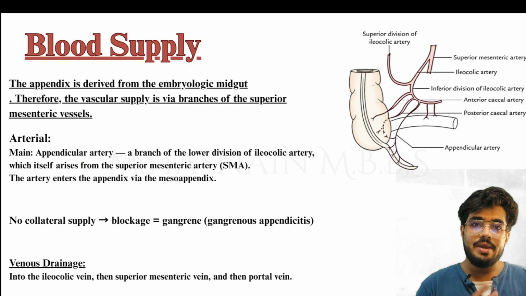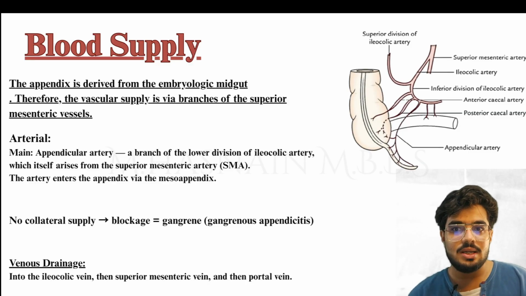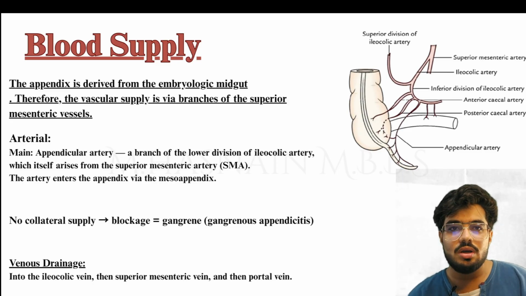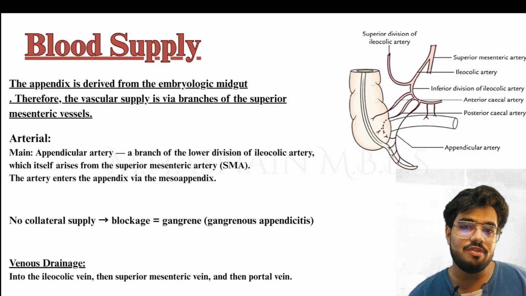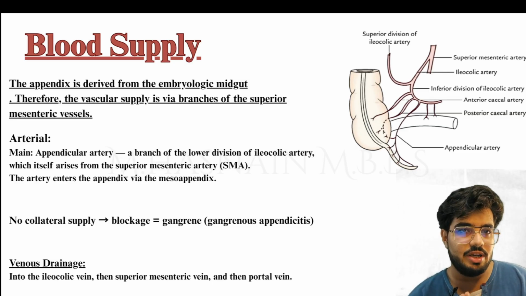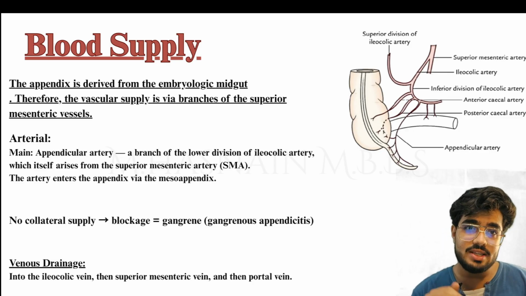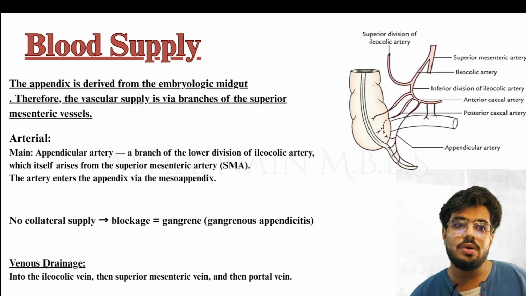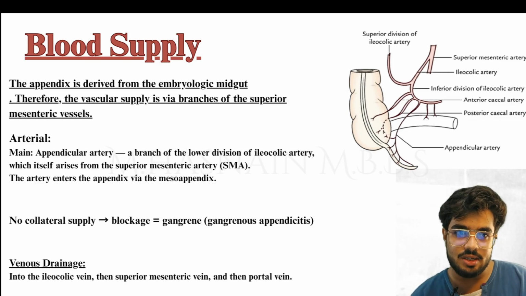So after talking about the base and tip of the appendix, now let's talk about the blood supply. The appendix is derived from the embryological midgut, and we know the organs developed from the embryological midgut are supplied by branches of the superior mesenteric vessel. But how will we supply the appendix? The superior mesenteric artery will give a branch called the ileocolic artery.